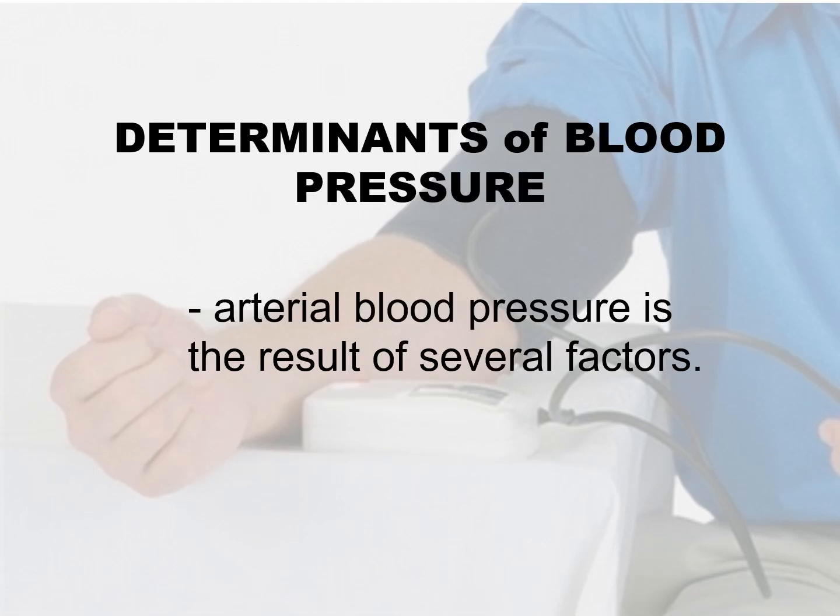So let us now talk about the physiology of arterial blood pressure, or the determinants of blood pressure. Blood pressure reflects the interrelationship of cardiac output, peripheral vascular resistance, blood volume, blood viscosity, and artery elasticity. Your knowledge of these hemodynamic variables helps in the assessment of BP alterations.